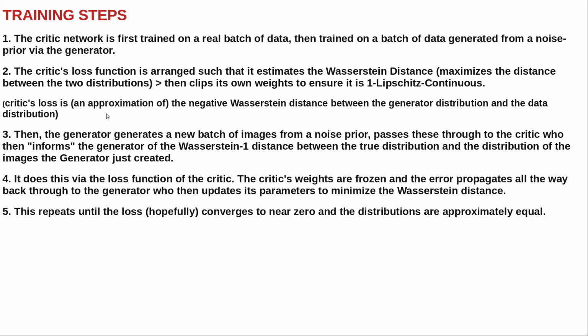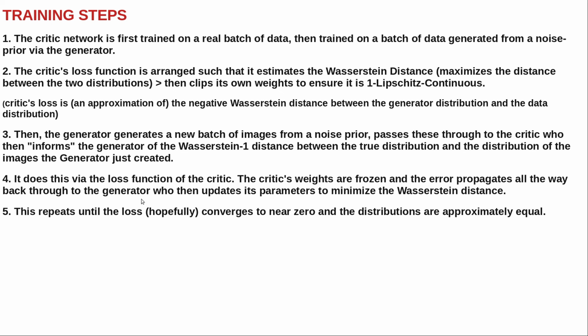And remember, the critic's loss is an approximation of the negative Wasserstein distance between the generated distribution and the real data distribution. And why I am saying negative Wasserstein distance, we will see that and make sense of it while we do the implementation in the next video. Then the generator generates a new batch of images from a noise prior or a noise vector and passes these through to the critic, who then informs the generator of the Wasserstein-1 distance between the true distribution and the distribution of the images that the generator just produced.